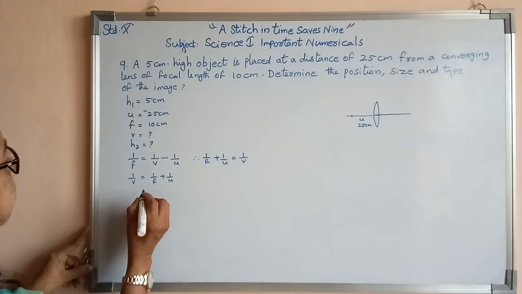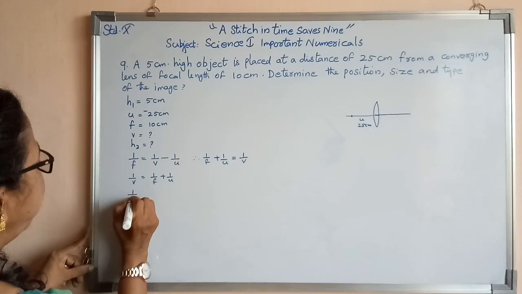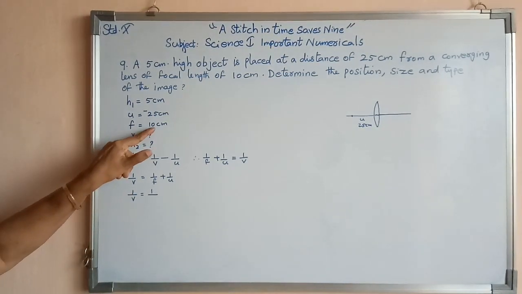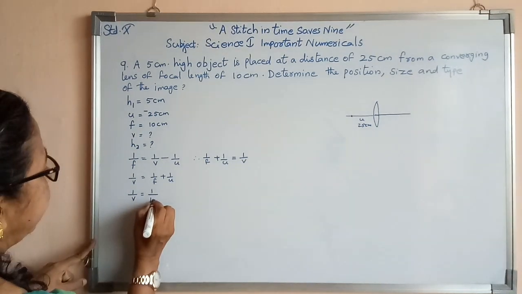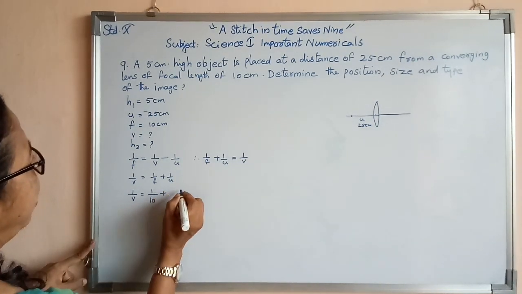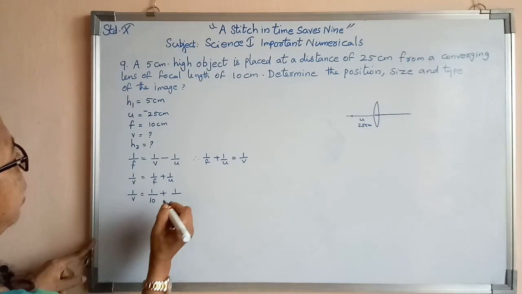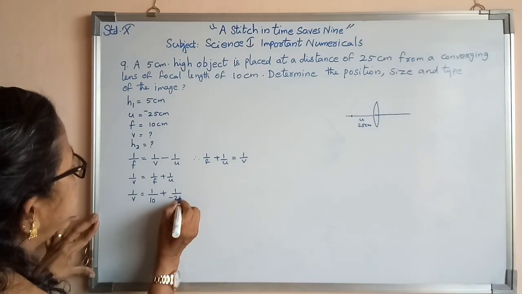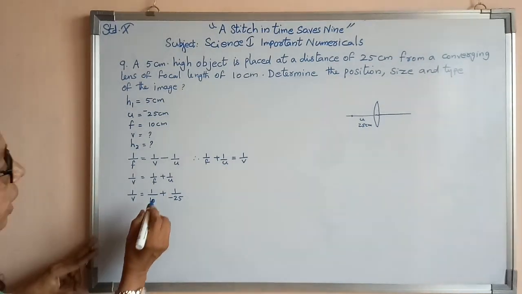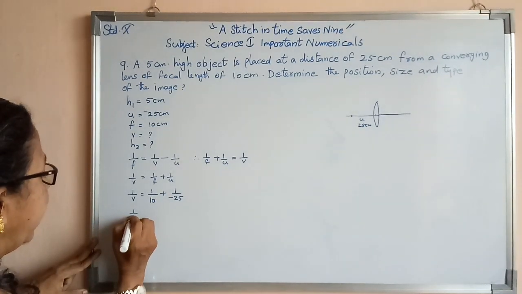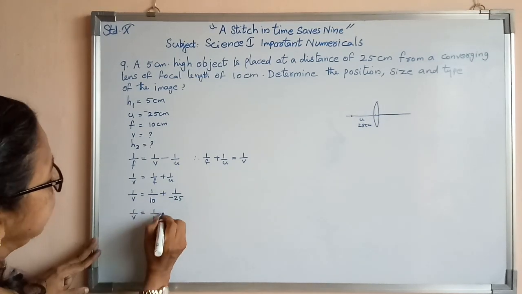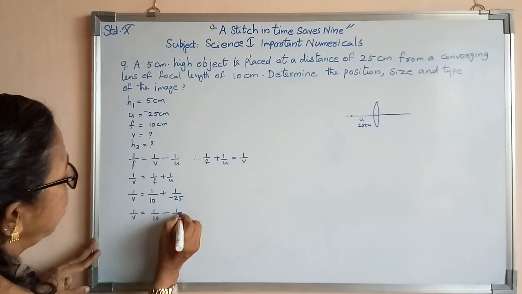Now we have to substitute the values. 1 upon v is equal to 1 upon f, that is 1 upon 10, plus 1 upon u, and the u value is minus 25 centimeter. So again I am writing 1 upon v is equal to 1 upon 10 plus minus 1 upon 25.